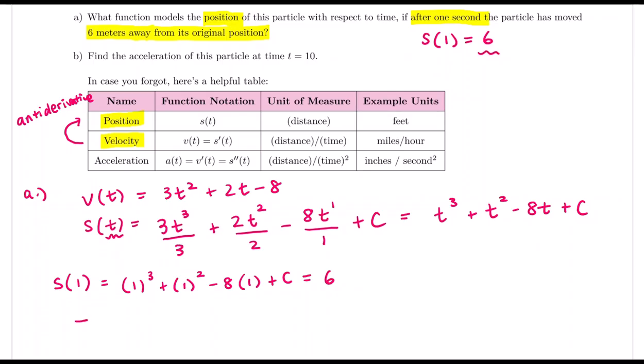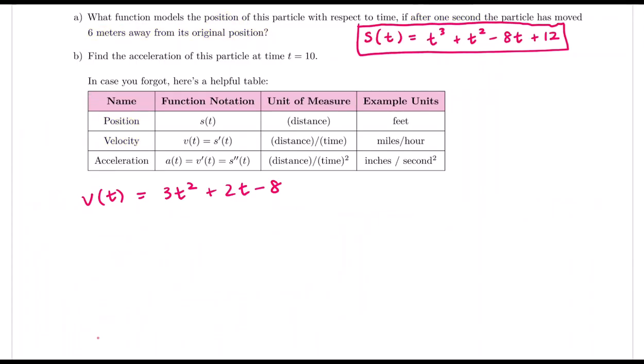If I do some simplification, I get 1 plus 1, that's 2. 2 minus 8 is negative 6, plus capital C is equal to 6, and that implies that capital C is equal to 12. So, coming back here, I'm just going to erase this and add 12 to this, and this now represents s of t. All right, so we finished up part A.